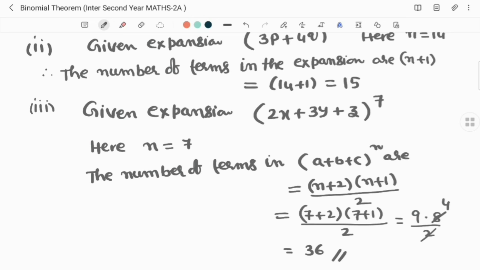And the middle terms and exercise problems 4, 5, 6, I'll continue from there. Also the numerically greatest term, and one more important point, the largest binomial coefficient in the expansion, we will discuss in the next video.